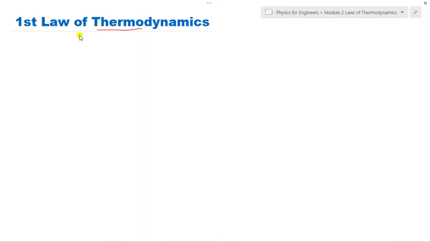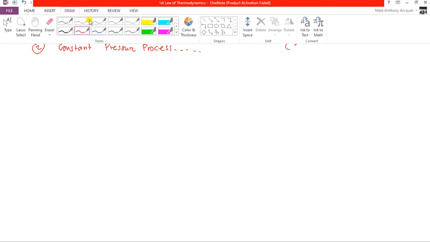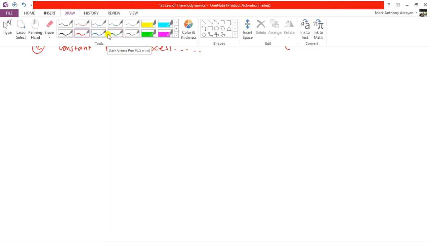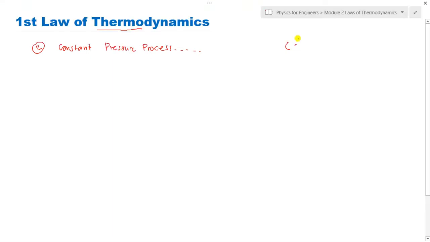So ikaduha, we have the constant pressure process. So unsa may pasabot, unsa may other terms sa constant pressure process class? Isobaric. What else? Isobaric. Okay, isobaric. Unsa pa man?